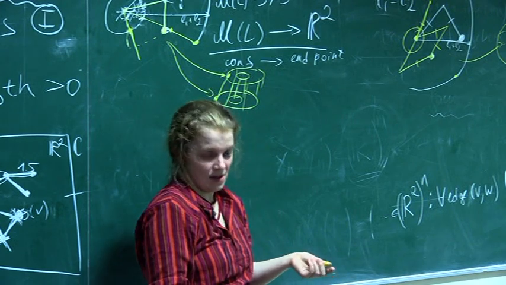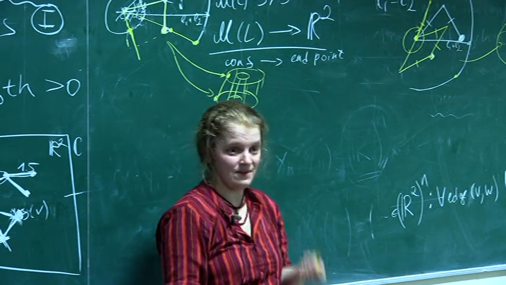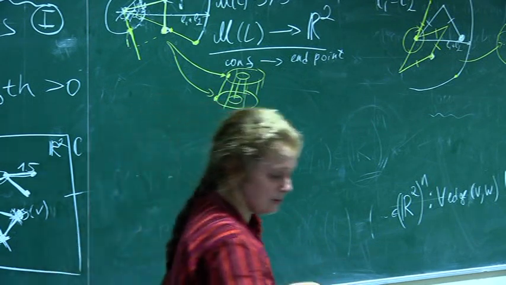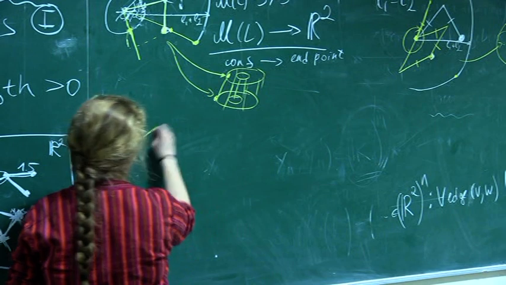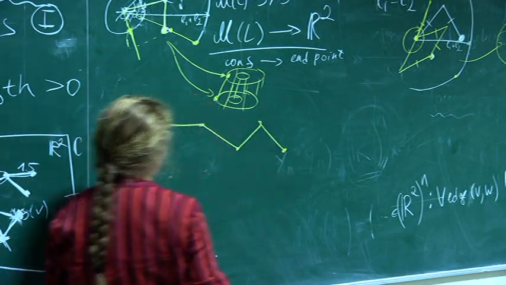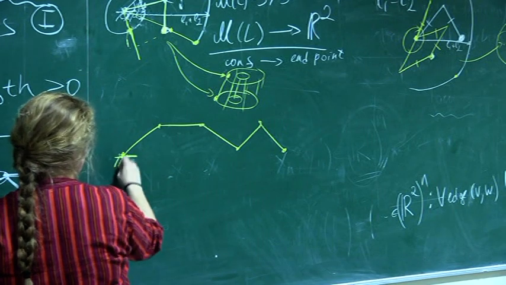In general, some L1, L2. Yes, if you have a robot arm, then it will always be a torus. If you have a robot arm with more bars, then you fix the beginning.